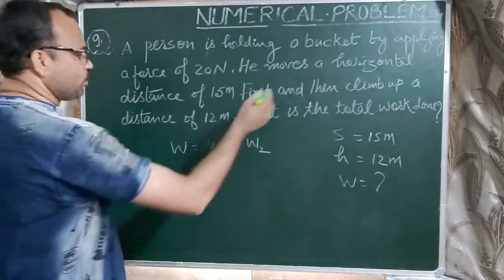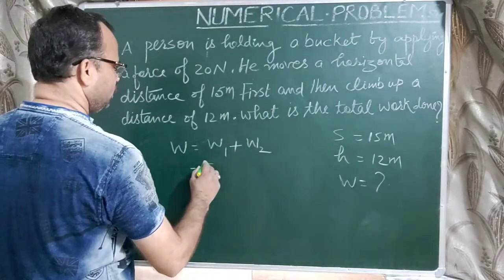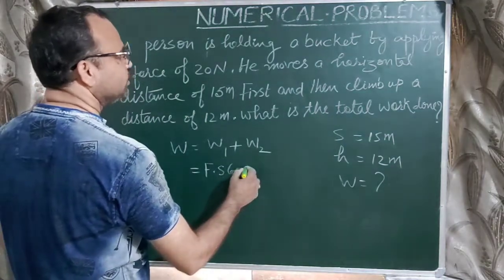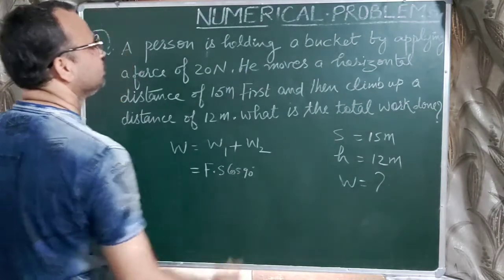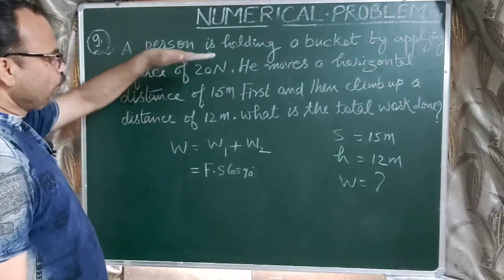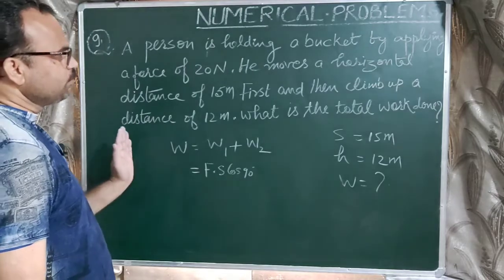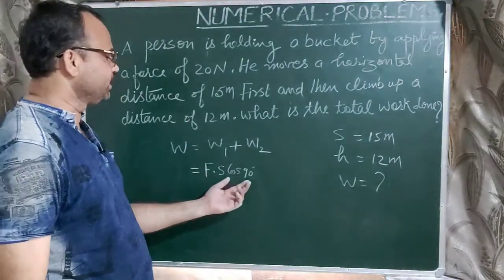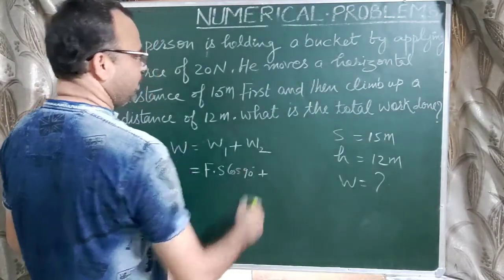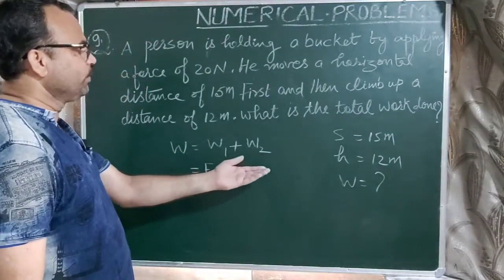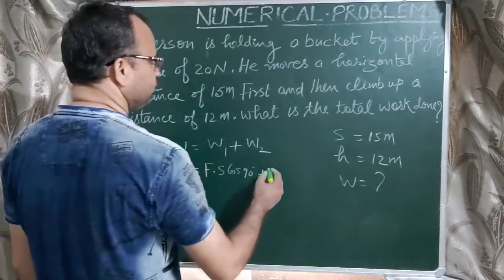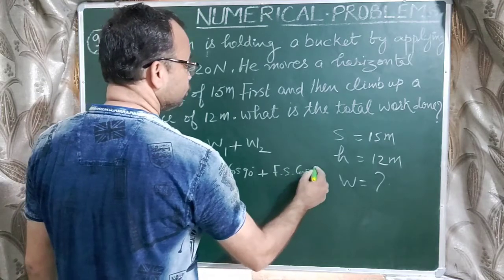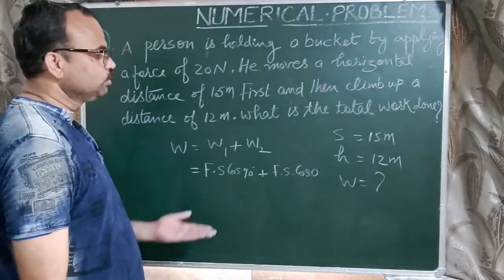Now for the horizontal work done, W equals F into S into cos 90, because the weight of the person is acting downward, but he moved horizontally, so the angle between force and displacement is 90. Then in the case of W2, when the person climbs up, it is F into S into cos 0.